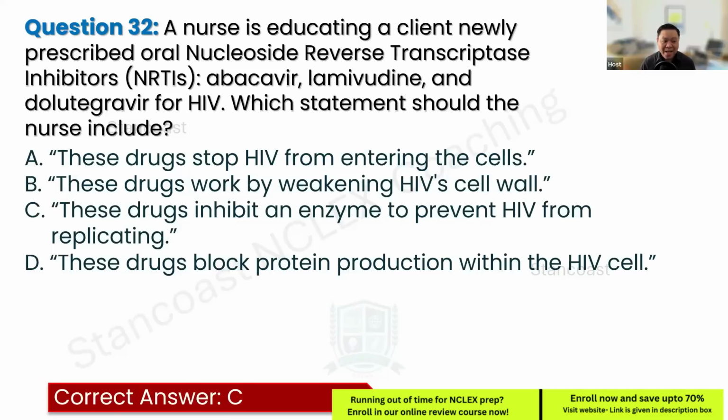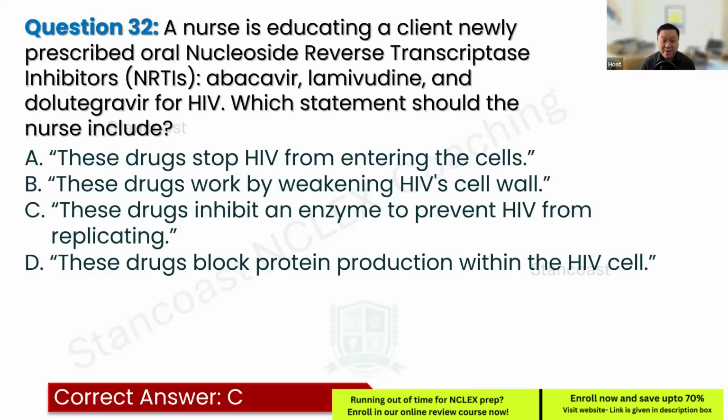If you selected letter A, blocking HIV entry is the action of fusion, or what we call entry inhibitors like enfuvirtide. Letter B is also incorrect because weakening the cell wall is a mechanism used by antibiotics, not antiretrovirals.